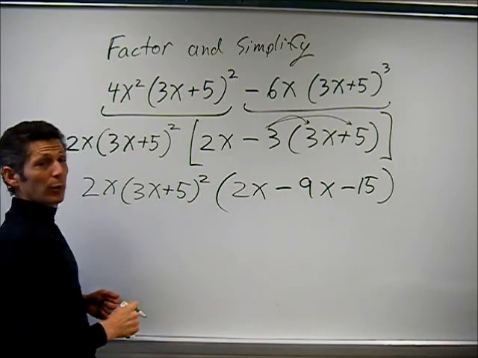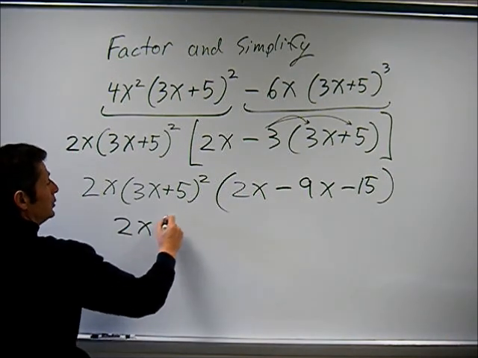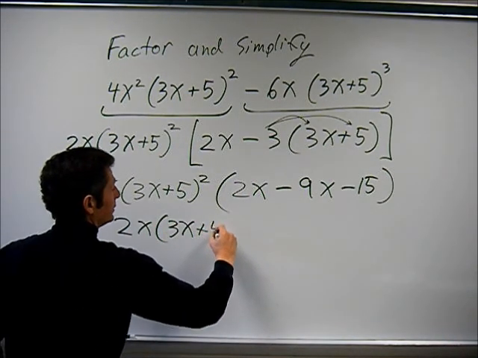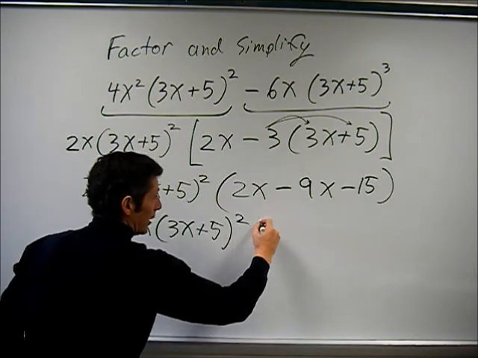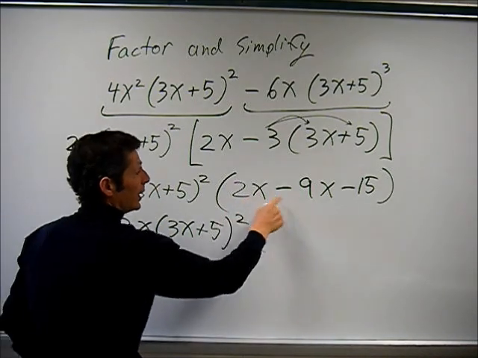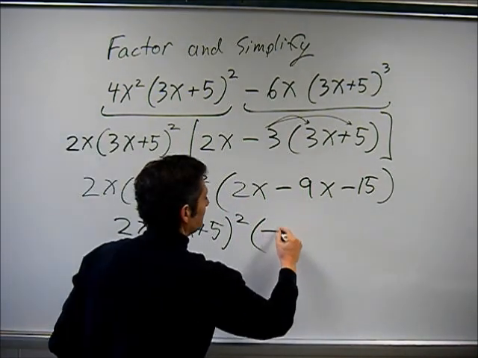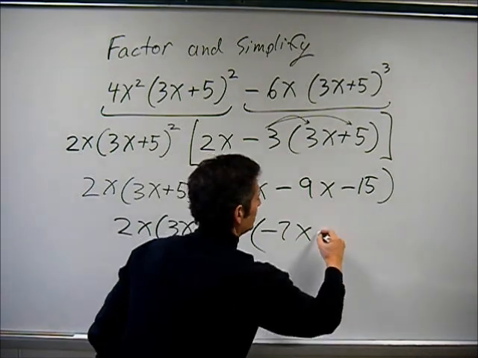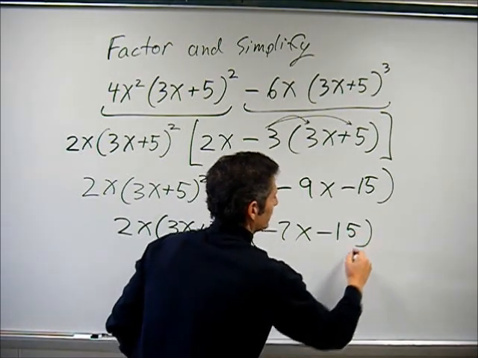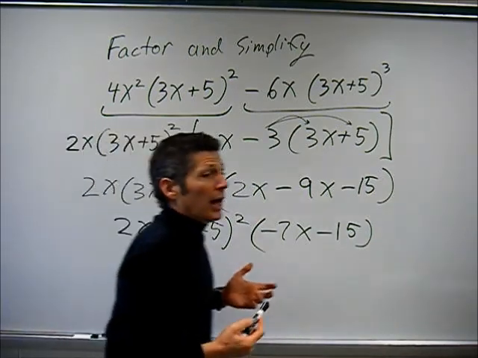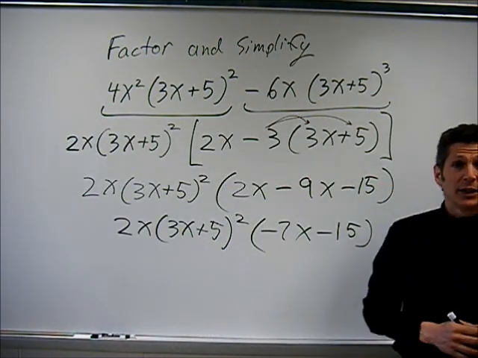I can do a little bit more combining. 2x, 3x plus 5 squared, and I have a 2x minus 9x, negative 7x, and negative 15. Really, that's as simple as I can make it.